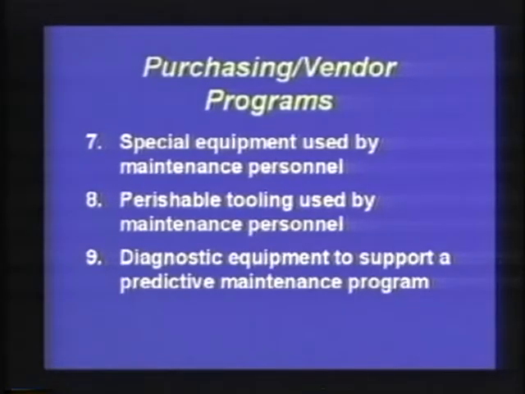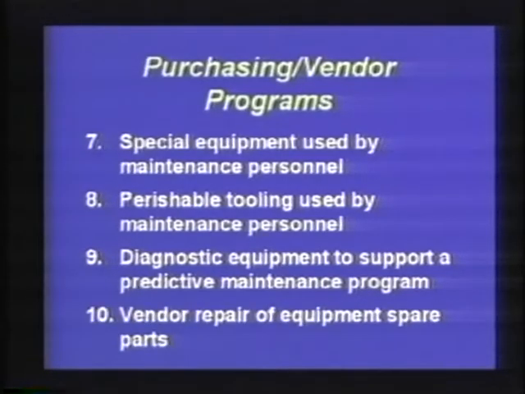Item number 9 are the diagnostic equipment. I've alluded to part of that in item number 7 and 6 above, but this is where we have unique, specific predictive maintenance applications. 10 would be vendor repair of equipment spare parts, such things as motors and gear reducers and transformers and other items where maybe it would be cheaper to use repair shops outside than it would be your own repair facility.